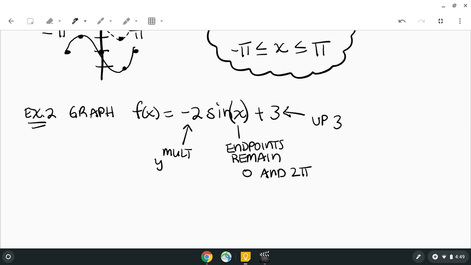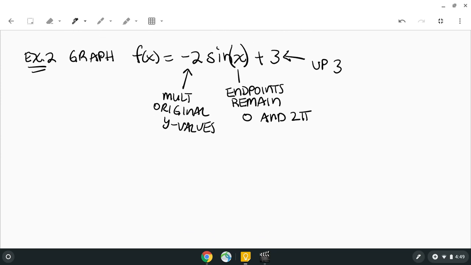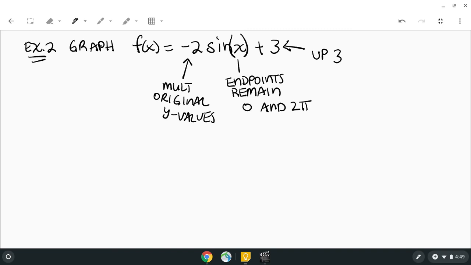And then this one here tells me that I am going to multiply my 5 points, multiply the original y values. Once you put your 5 starting points down, whenever there's this multiplier out here, you definitely want to do this first.